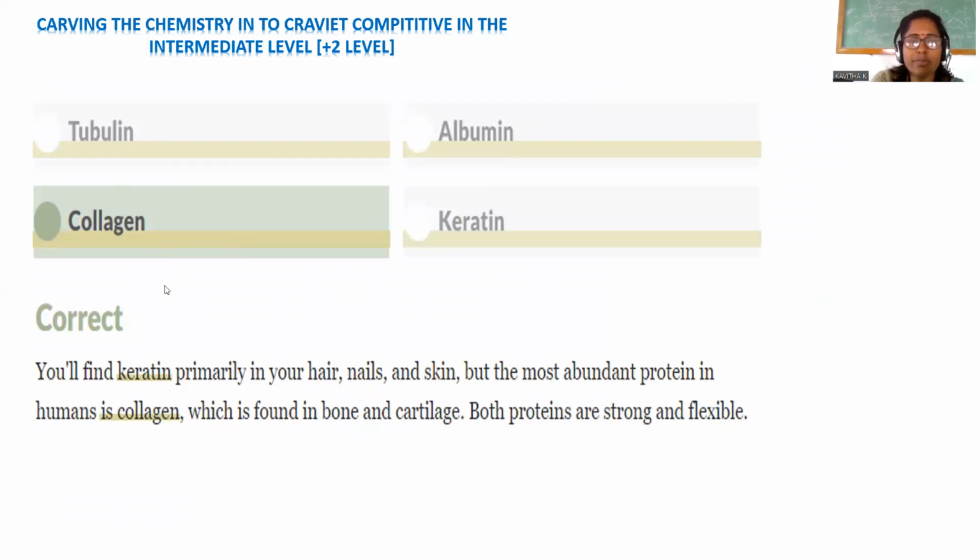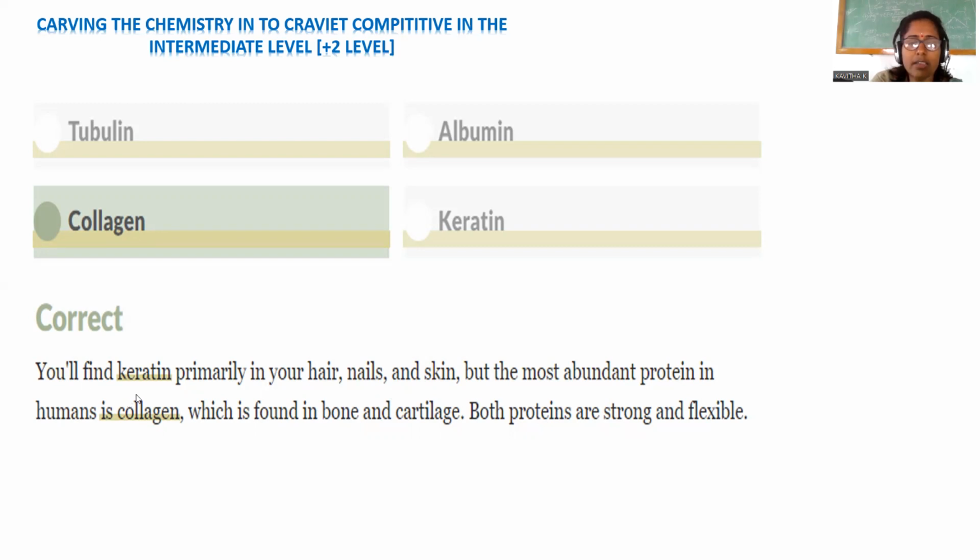From these we have to predict the right answer, and that will be collagen. Keratin is a kind of protein which is present in your hair and nails. Hair and nails contain keratin, and they have a tendency to grow forever. Whether the organism is alive or dead, hair and nails can keep growing.